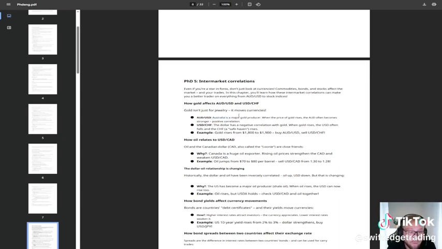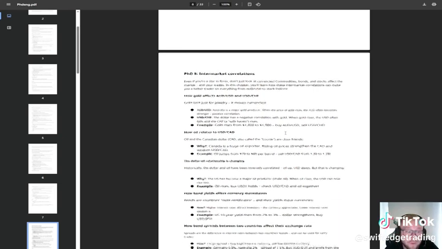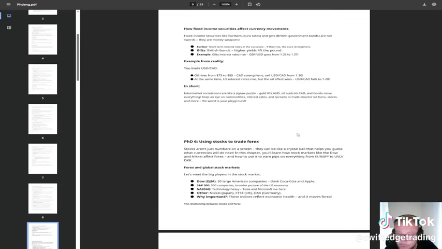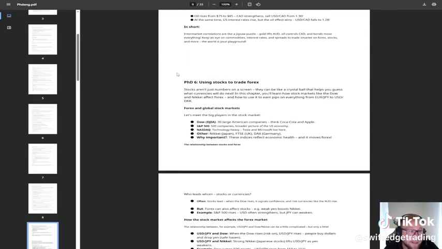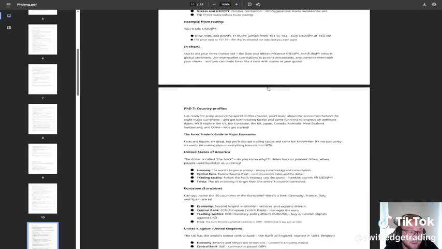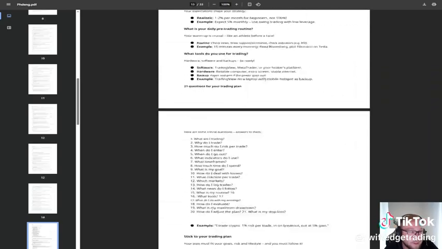When the price of gold rises, the Australian dollar often becomes stronger, a positive correlation. So you can actually trade with that knowledge if you're looking at gold prices and the Australian dollar. If you trade forex, then you can use that. I'm just going through it very quickly, but we have a lot of free knowledge.